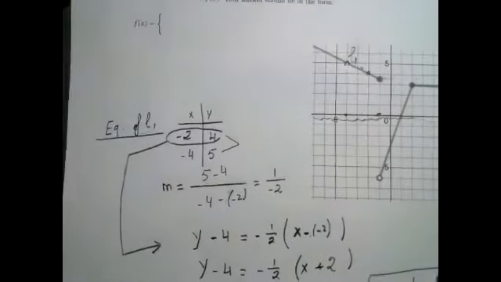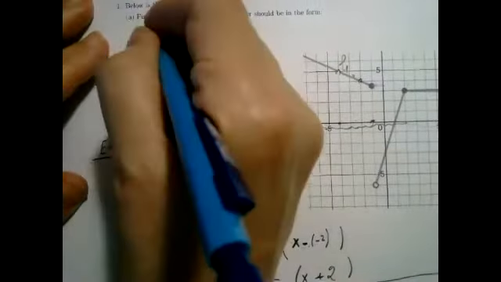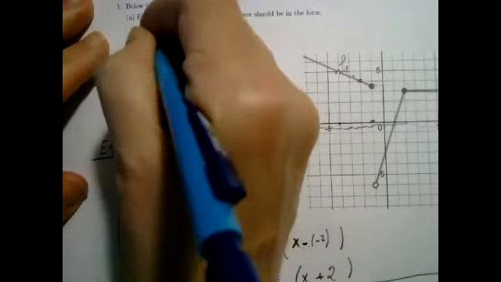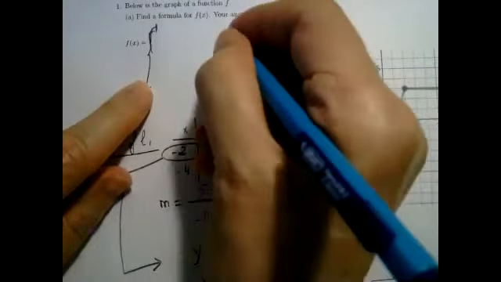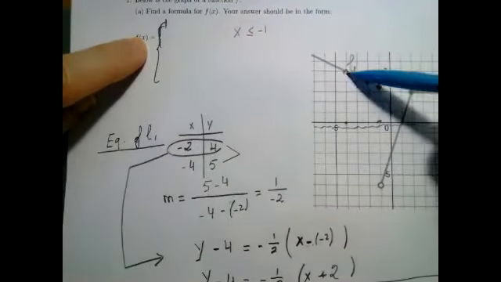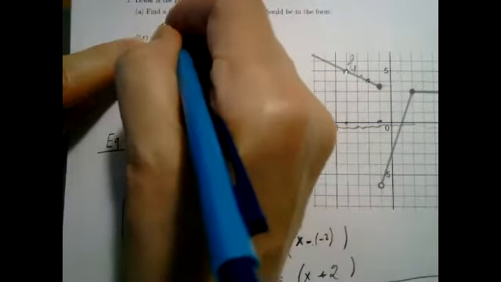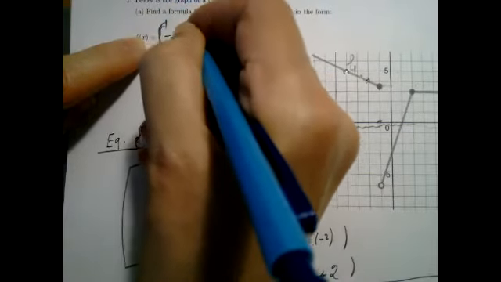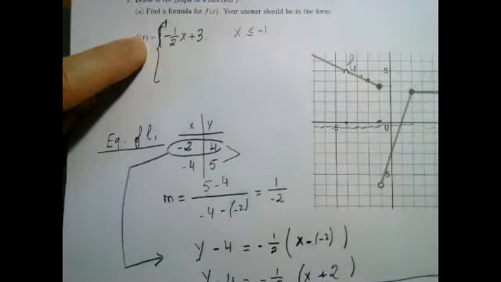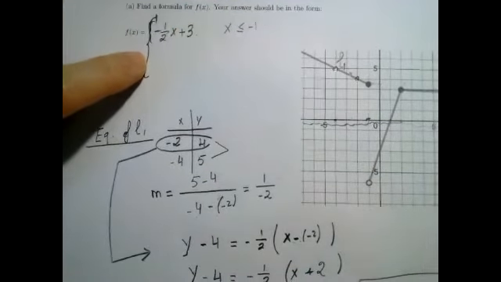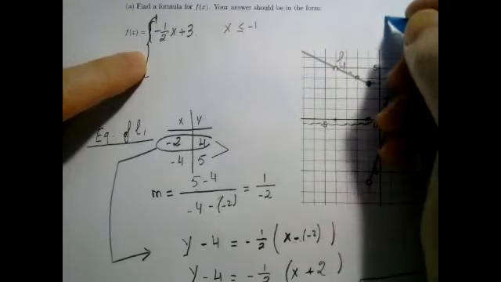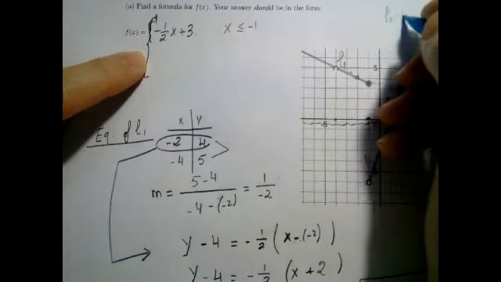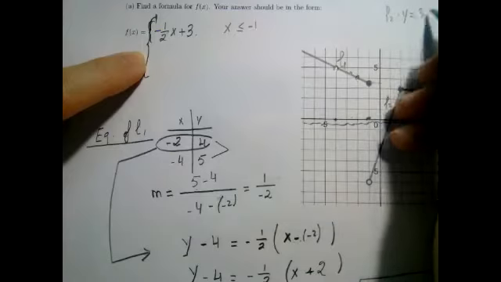So how am I going to write my function here? I put a big parenthesis now. f of x is, as long as x is less than minus 1, to find the output, that's the rule that I need to use. This piece. Now, this is L2. Now L2, the equation for L2 is y equals 3x minus 3.